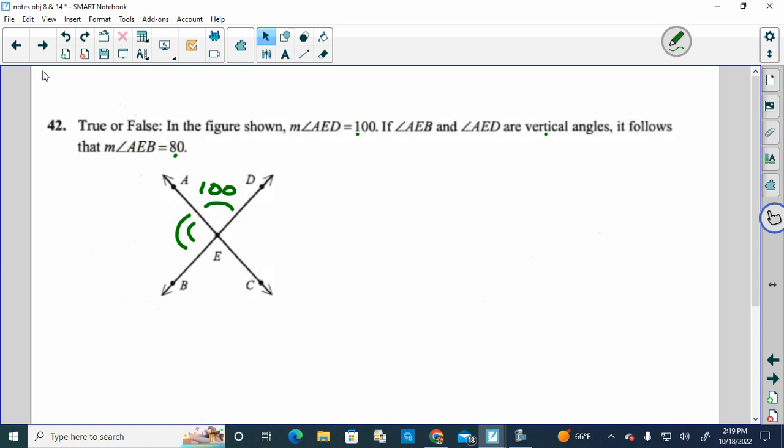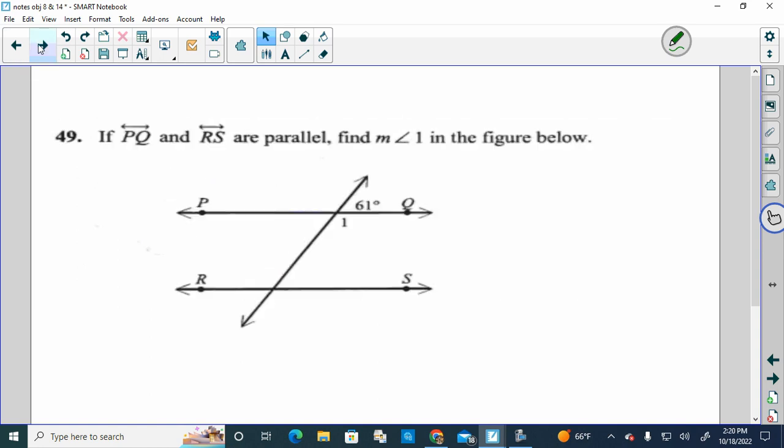Which would then make it 80. So this makes it false. This could be 80, but these are not vertical angles. This one and this one would be the vertical angles. Okay, so they use the wrong vocab word. So you got to pay attention to that as well as the numbers. Okay, last one.